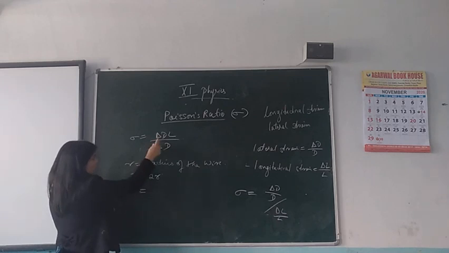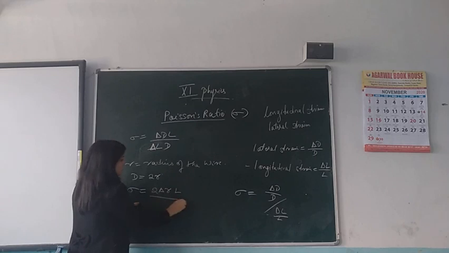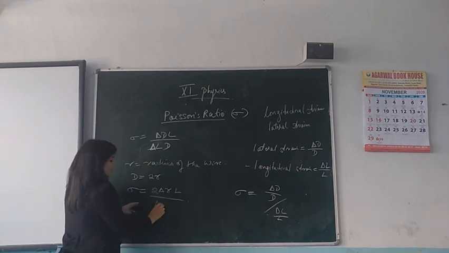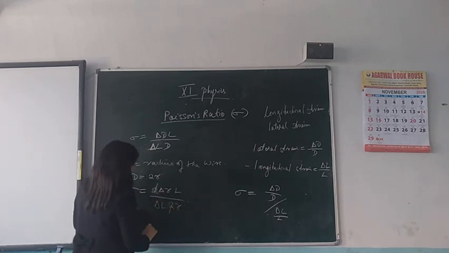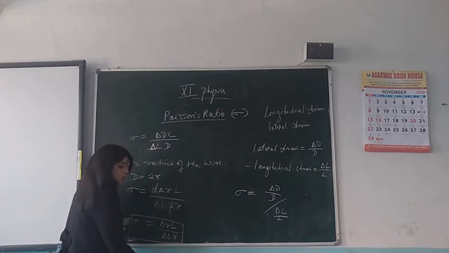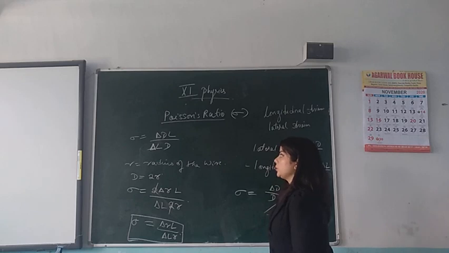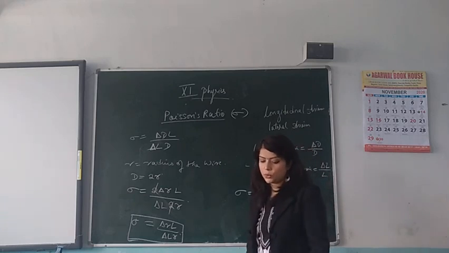Rho is equal to, in place of del D, I am writing twice del R into L, divided by del L, which remains as it is, and in place of D it is twice R. The twos cancel. So this becomes del R L divided by del L R. This is the Poisson's ratio. As it is a ratio, it will be unitless, so Poisson's ratio doesn't have any units.